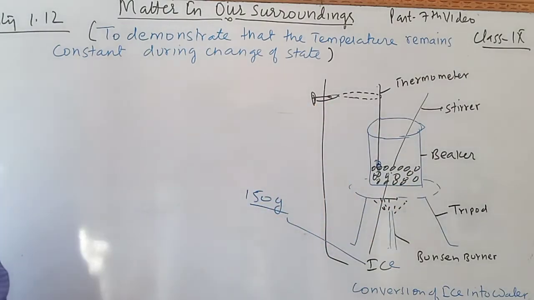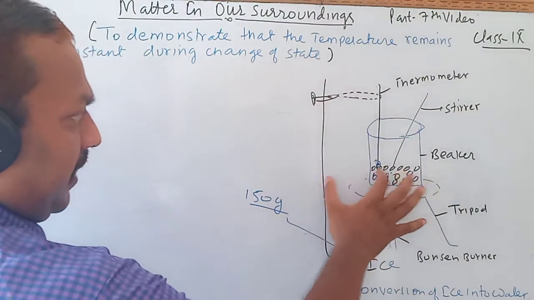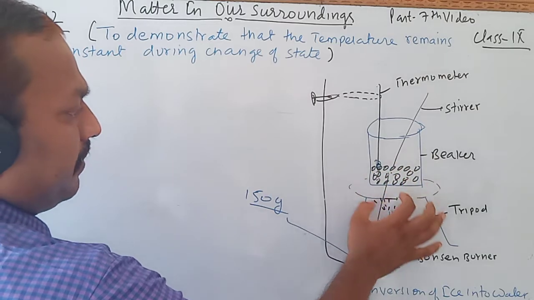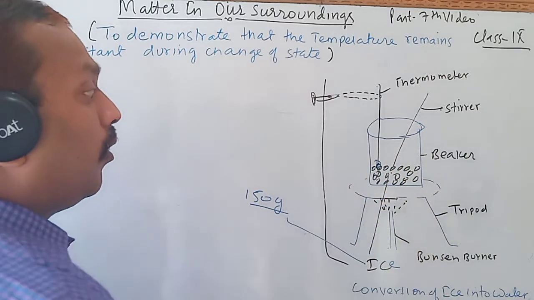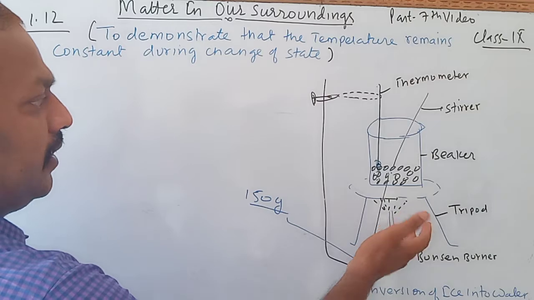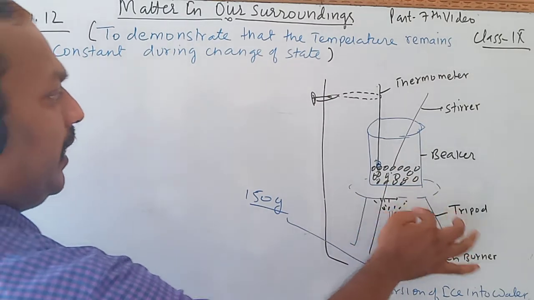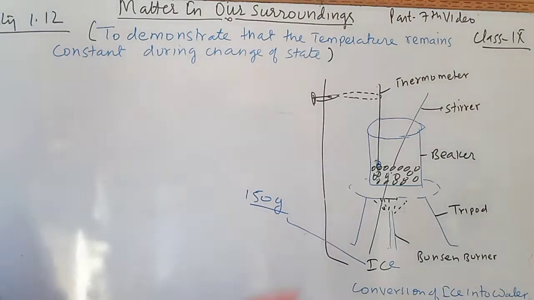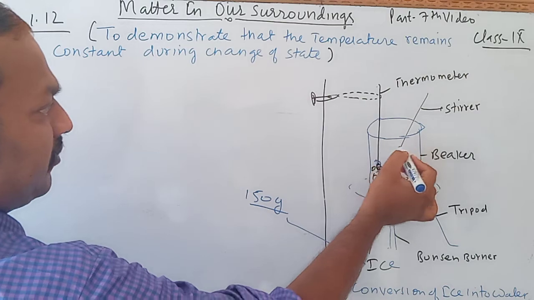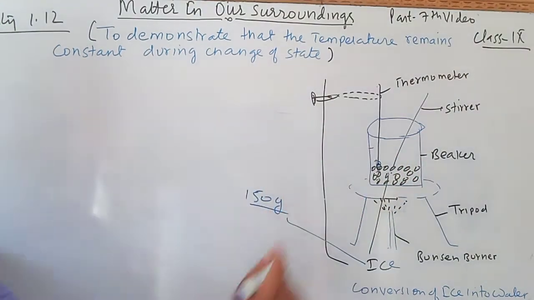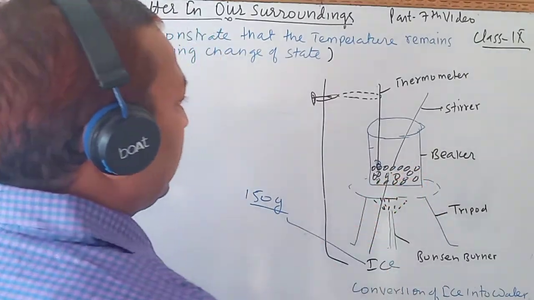Now next point, start heating this beaker with low flame, low heat. So start this beaker with low heat. When we heat, note the temperature when ice starts melting.